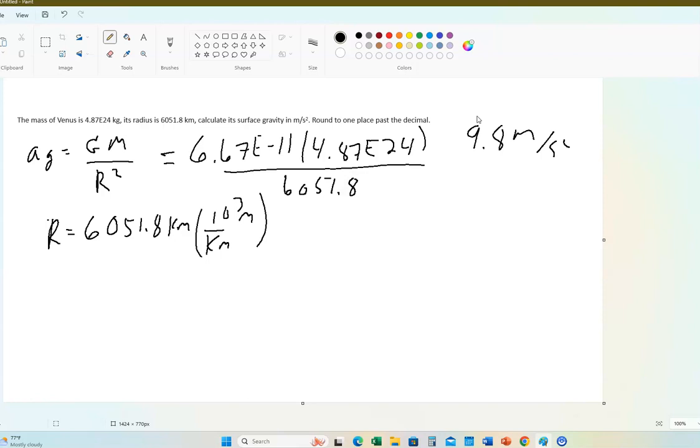But we've got to square that. Don't forget, a lot of people forget to square that.